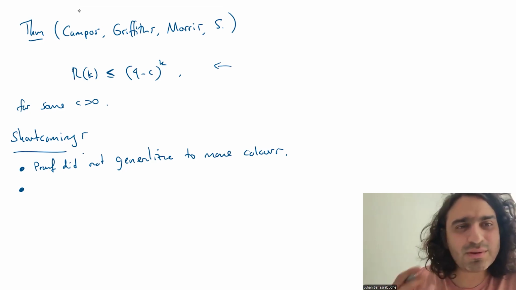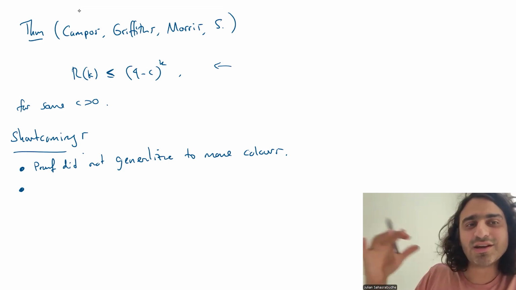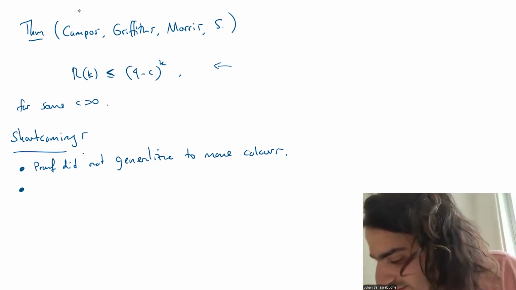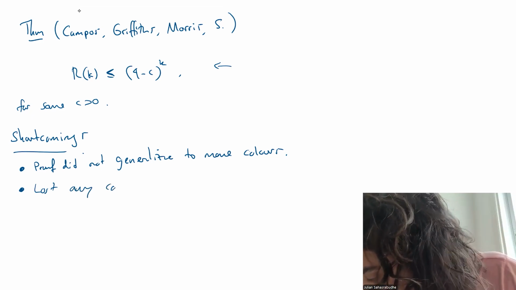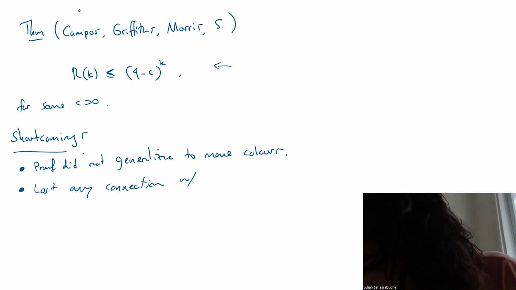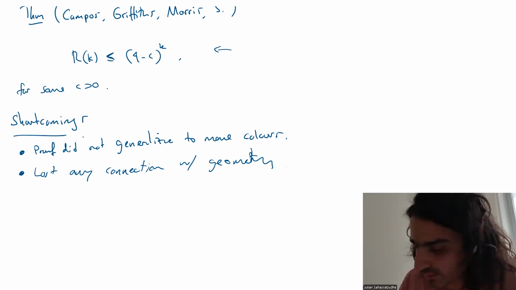But we were excited that we were building some kind of intuition and connection from something seemingly different, and then we were sad that we lost it. So, lost any connection with geometry. And of course, I'll say more about that in a second.